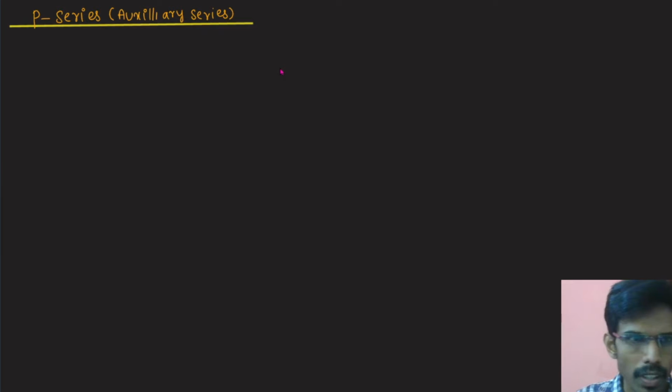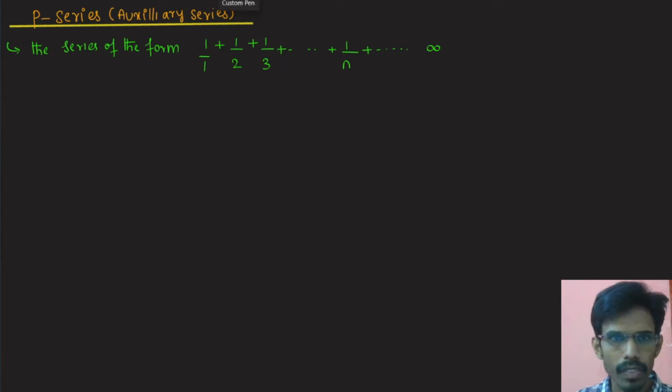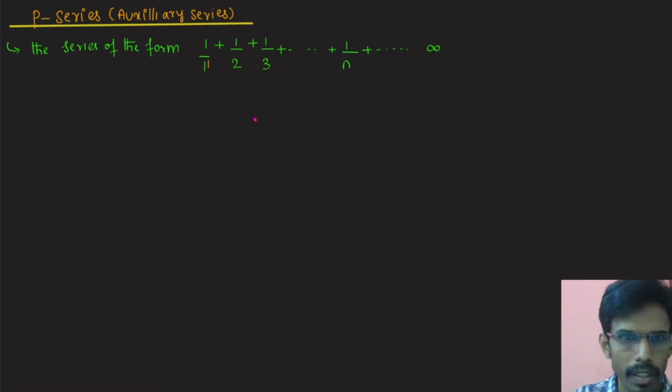Now if the series is of the form 1 by 1 plus 1 by 2 plus 1 by 3 and so on up to nth term 1 by n and so on up to infinite, with the power of this denominator is p: 1 power p, 2 power p, 3 power p and n power of p.